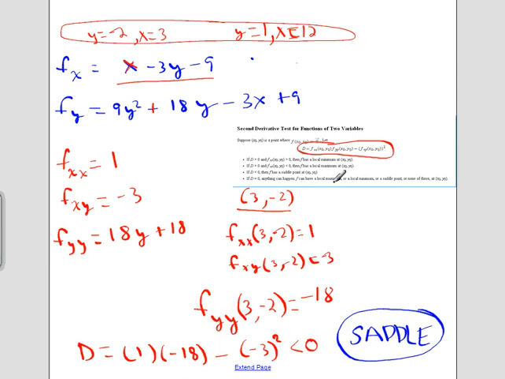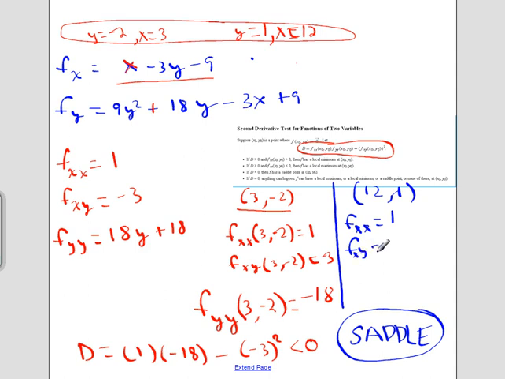But what about the other point, the point 12 comma 1. So I know that these values don't change here.